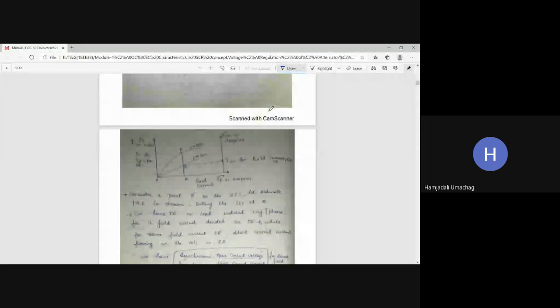If you are getting confused, I will separate the things one by one. For open circuit characteristics, I will draw the graph here. The graph will be like this: y-axis, x-axis. For the y-axis, we are going to take the no load voltage E0, and for the x-axis we are going to take the field current IF, in amps.